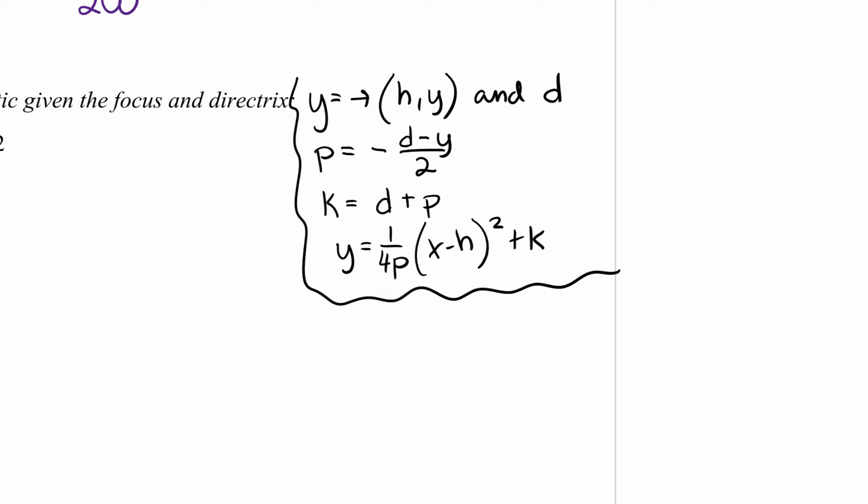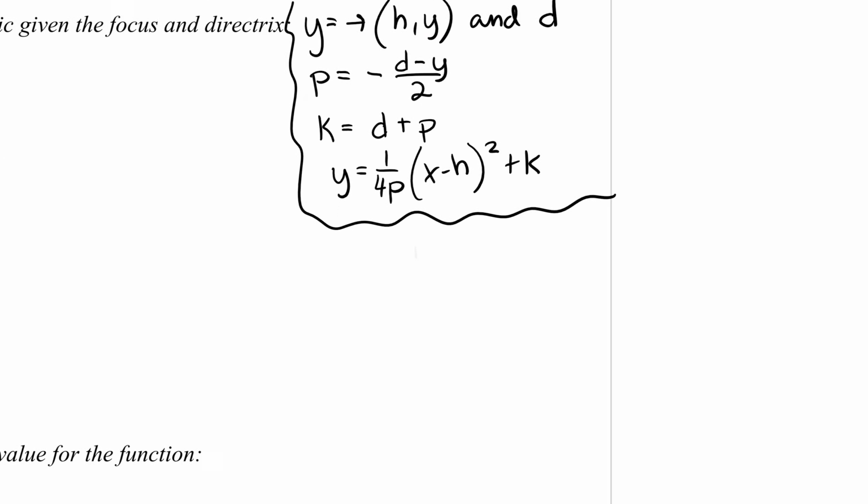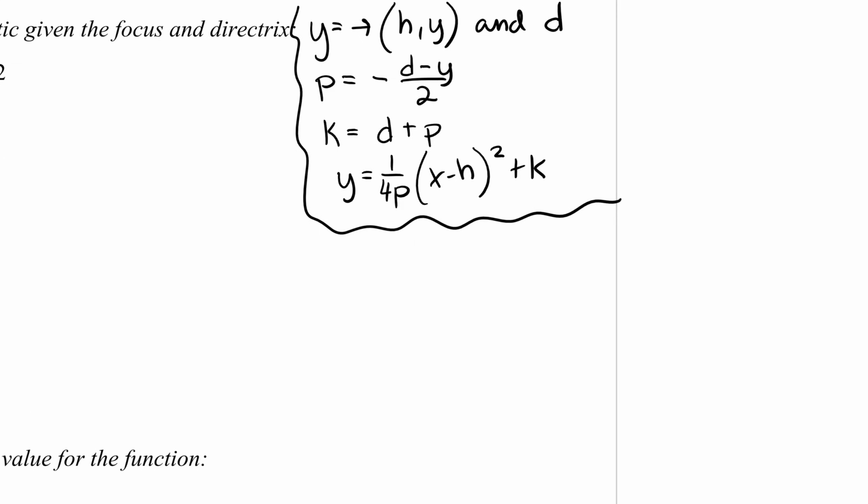If I have x equals, which I do here, it's going to be the opposite of y, right? So I have x equals, I would be given an x and a k, and then of course I always have my directrix, which is d. Then I would find, same order, I got to find p first. So p is negative d minus x over 2.